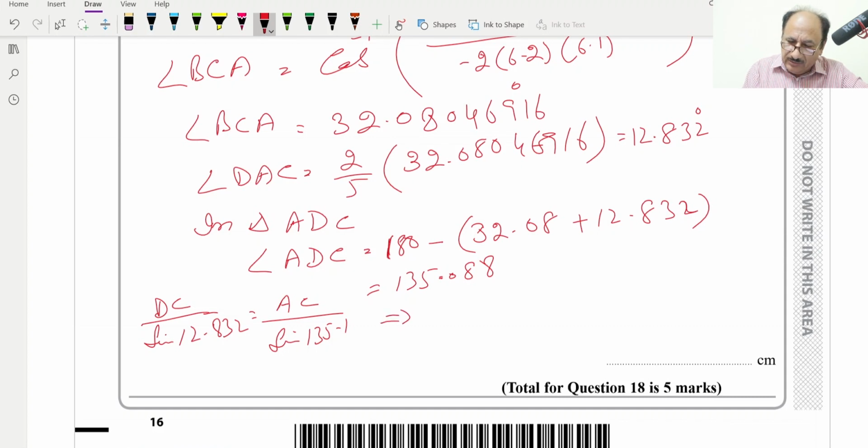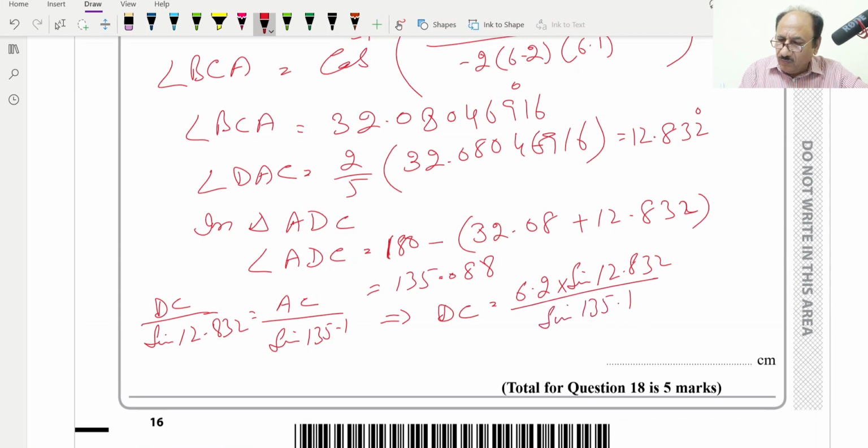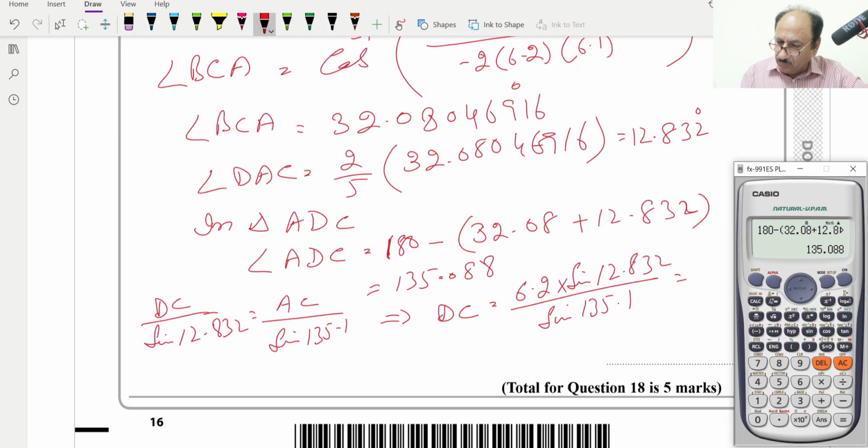This implies DC is equal to AC, which is 6.2, multiplied by sine of 12.832 and divided by sine of 135.1, and this we can calculate.